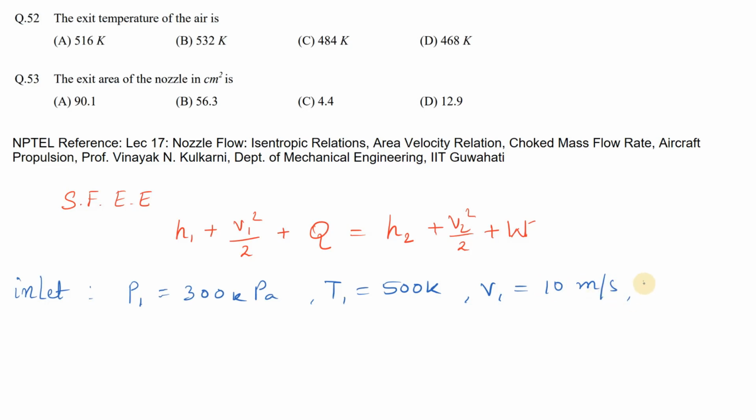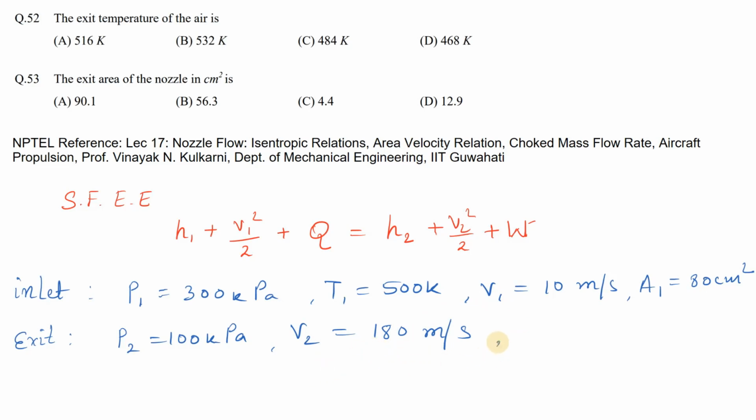Also the inlet area A1 is given, which is 80 centimeter square. And at exit of the nozzle, pressure is 100 kilopascal and velocity is 180 meter per second. From here we can guess that it is a converging nozzle.